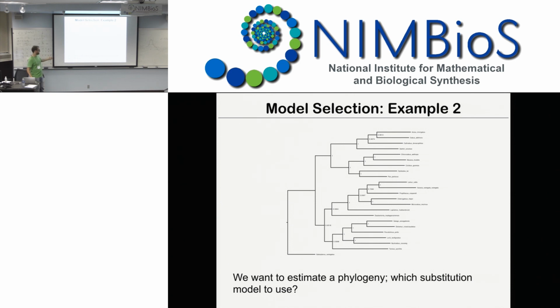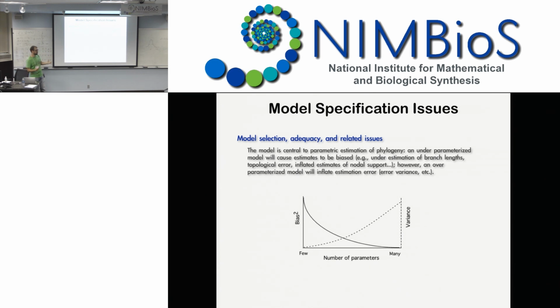So in that case, we also need to do a model selection, although we're not really primarily interested in the models that we are selecting, because we don't care if the best model is GTR plus gamma or Jukes-Cantor. We're only interested in the phylogenetic tree. But still we need to do the same type of analysis.